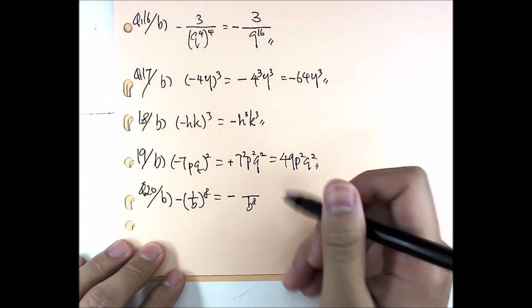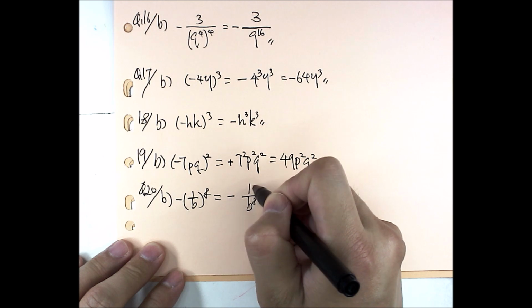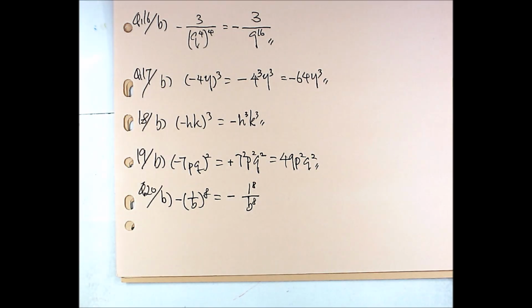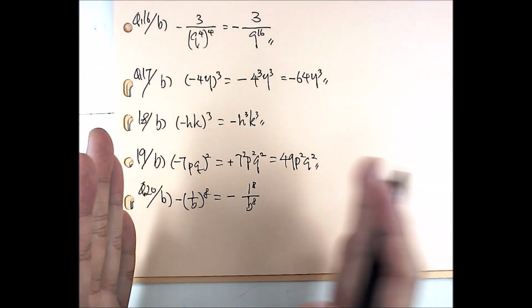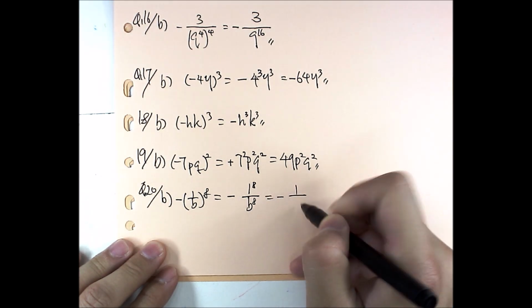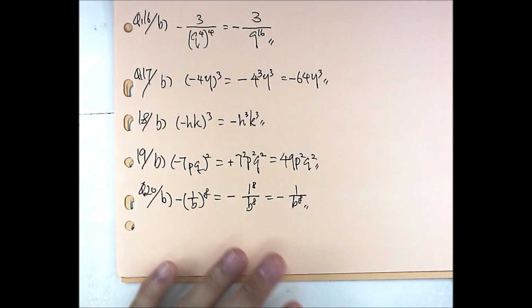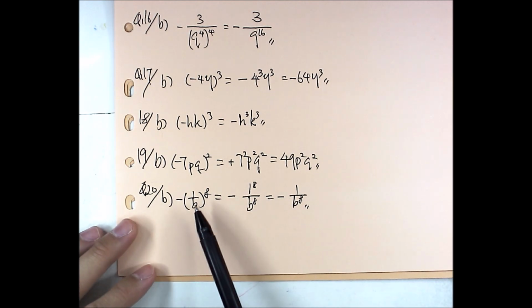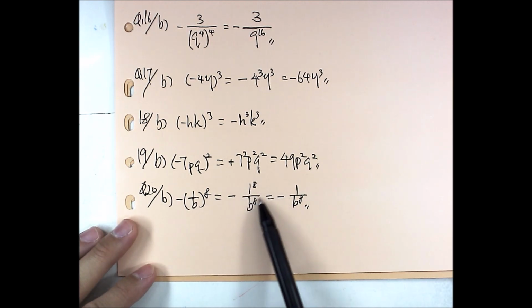Of course, you do this. But here, actually, it's 1 to the power 8. 1 to the power 8 means what? 8 ones multiplied together. So, still equal to 1. Understand? Actually, you can jump from here to here if you understand this.